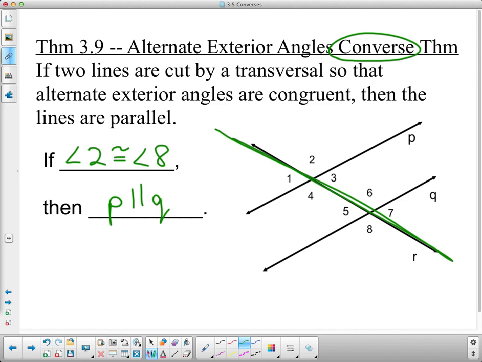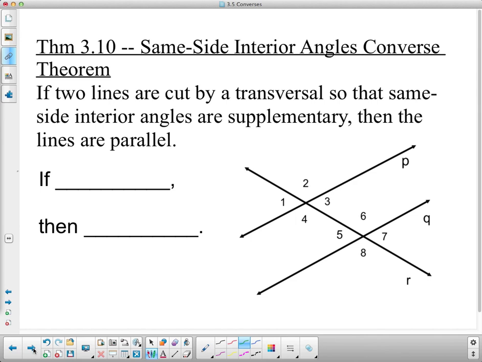This last one is a little bit different because the angles aren't congruent, they are supplementary when it's the same side interior angles. So we need to pick out a pair of same side interior angles from the picture, and we need to say that they're supplementary. That's what we would start with.